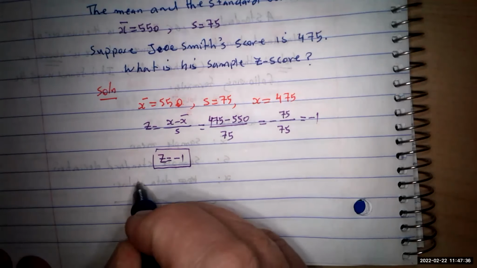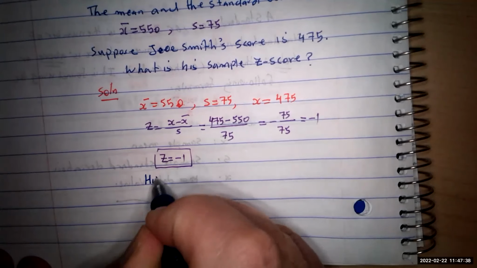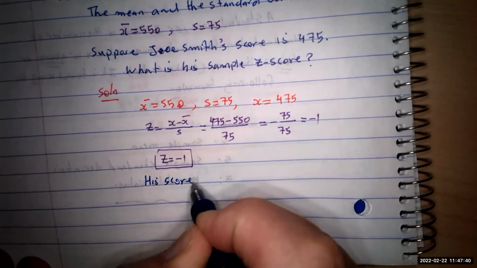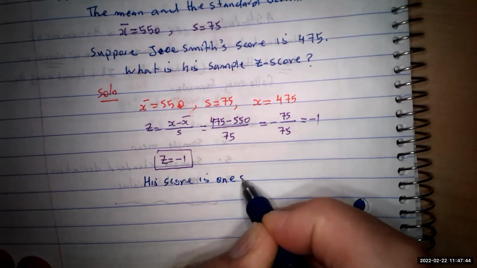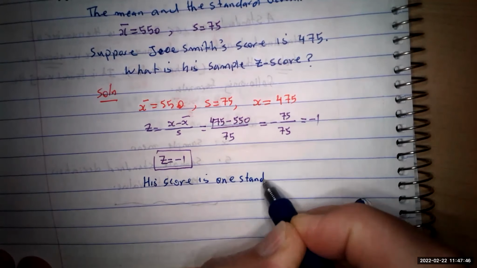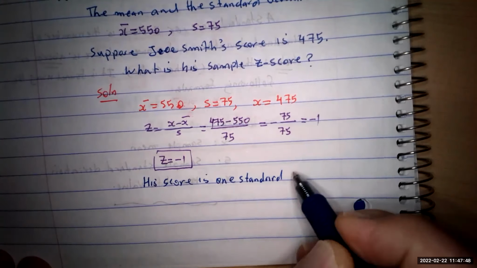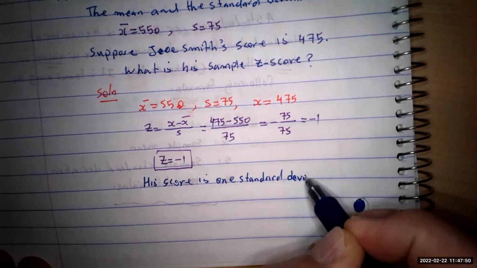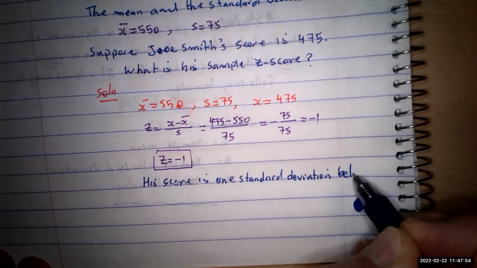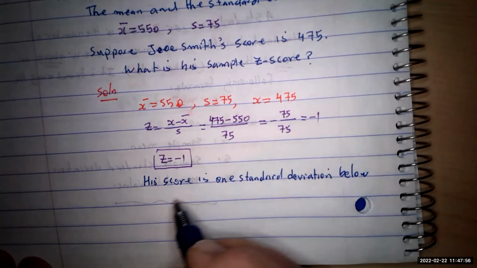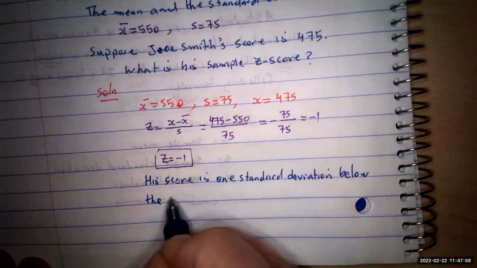So his score is 1 standard deviation below the sample mean.